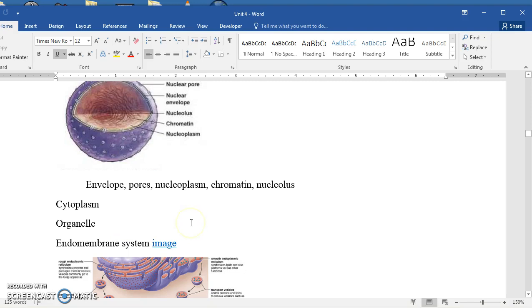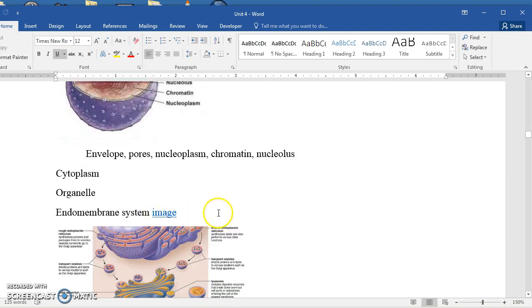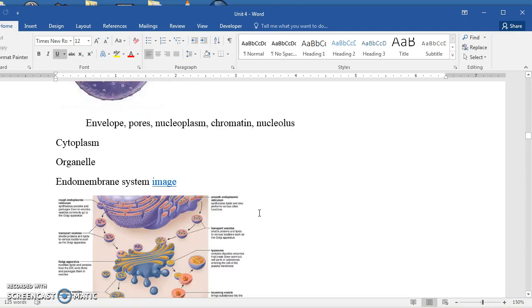A set of organelles that I want to talk about first belong to what's called the endomembrane system. And they're called the endomembrane system because they're very membranous and oftentimes connected with each other in where they begin and what they do.